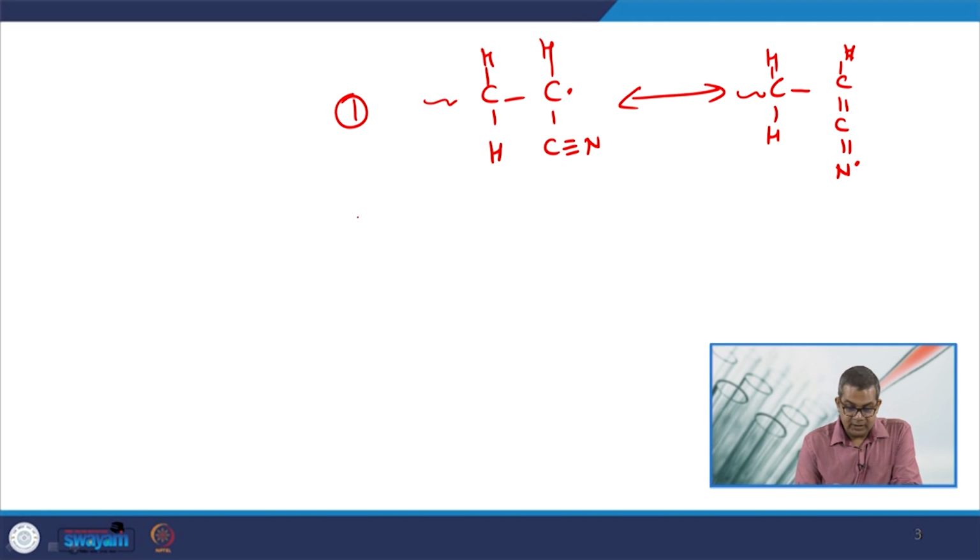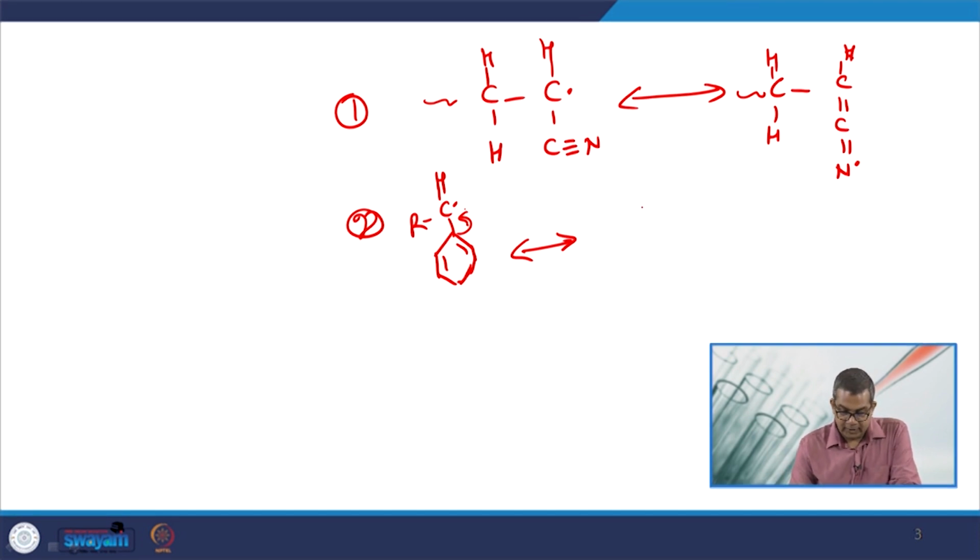Now this is the first example, and the second one, you see the phenyl ring over here, and different types of resonating structures.